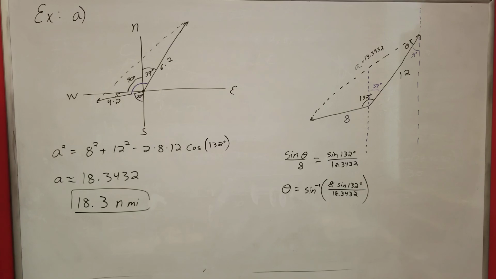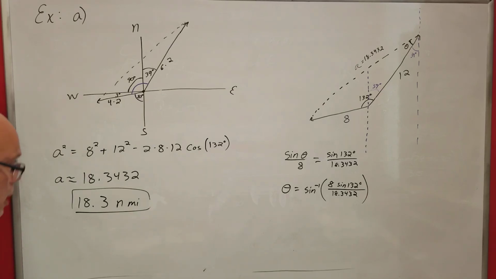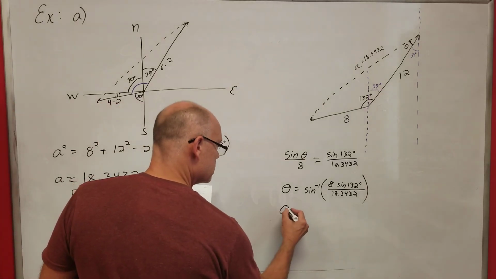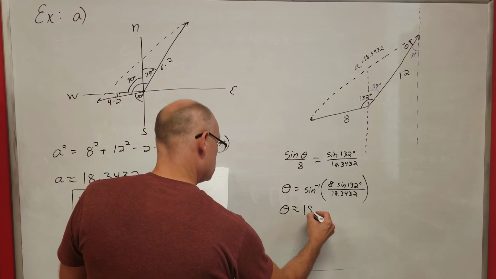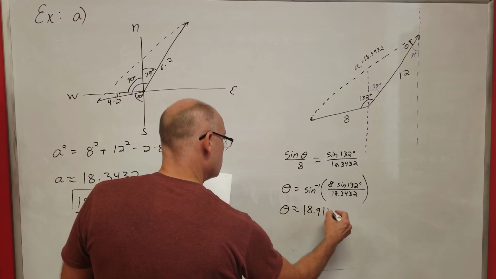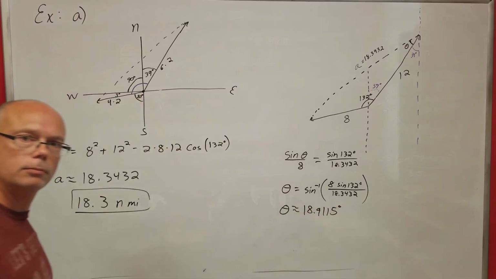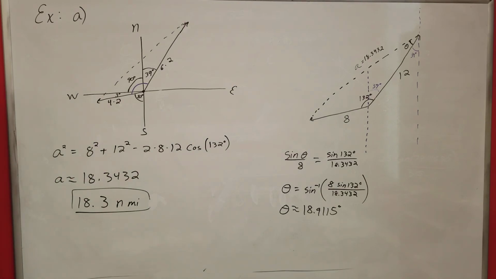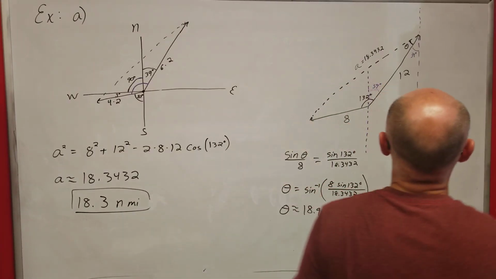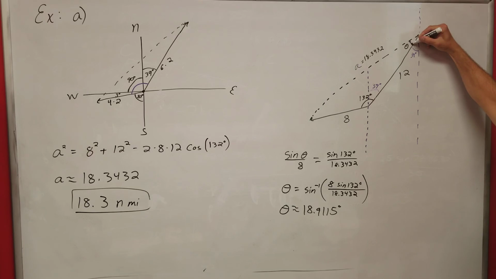And if I put that in my calculator, then hit enter, I get theta is approximately 18.9115 degrees, okay? So what did I just find here? I just found theta right here.